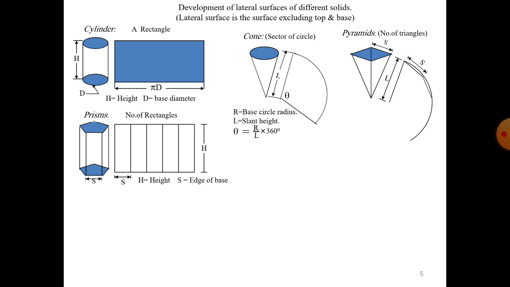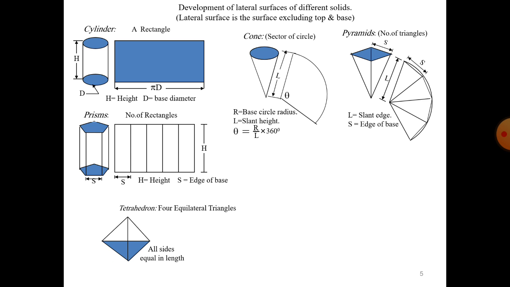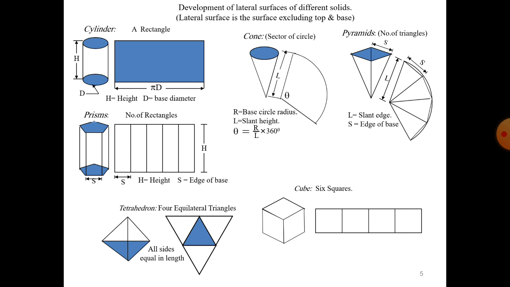For example, a square pyramid consists of 4 sides, and complete all the lines of the development in the pyramids. Next, the tetrahedron has 4 equilateral triangles, all sides equal in size. And last, the cube consists of 6 squares. In development it shows squares.